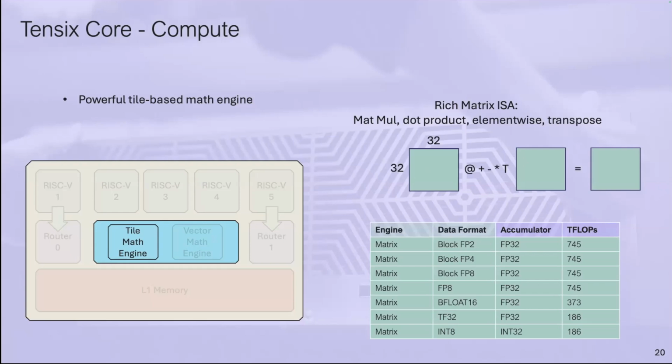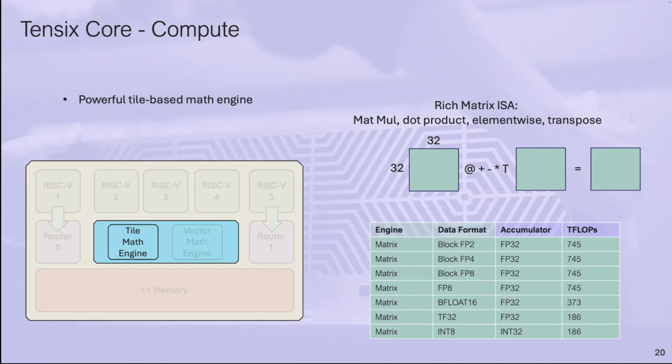So matmuls, dot products, element-wise transpose operations, and you would call operations to the math engine from these baby RISC cores that are again in your control. So I would say, do a tiled matmul on this tile and this tile, and this would write the results to some sort of register where I could read back from in my baby RISC core. That's kind of how this programming model works.